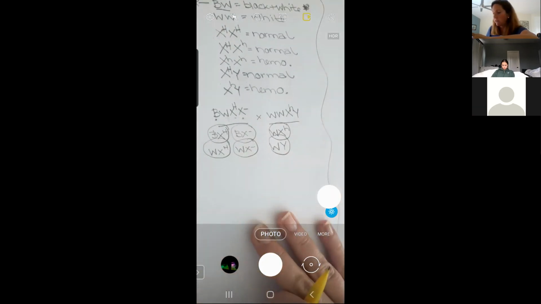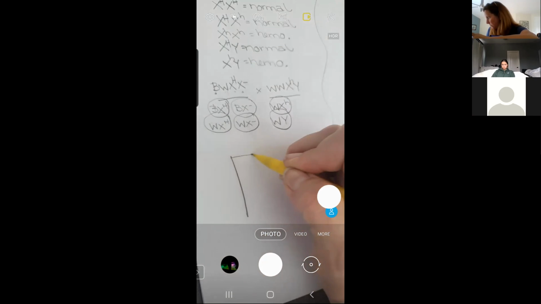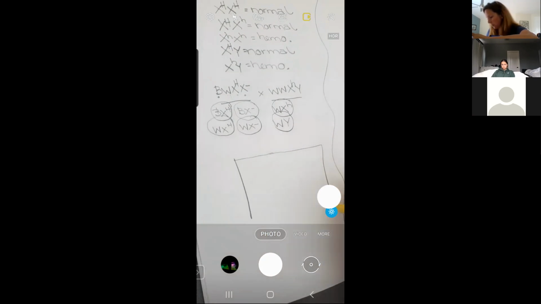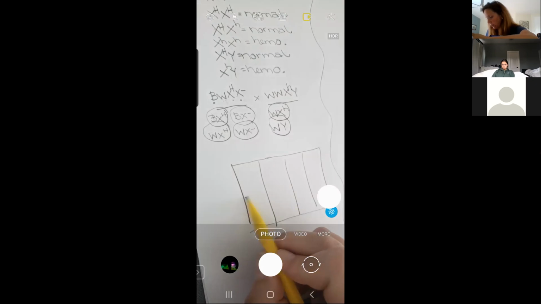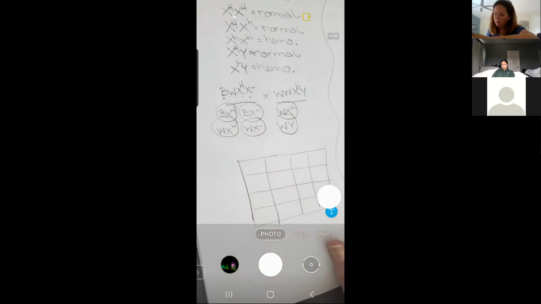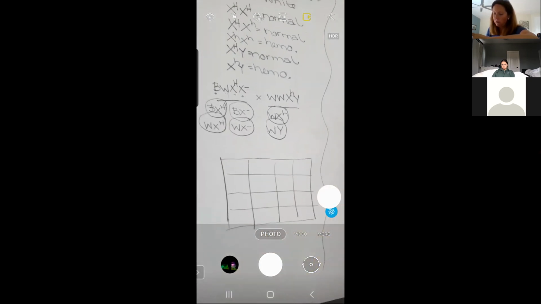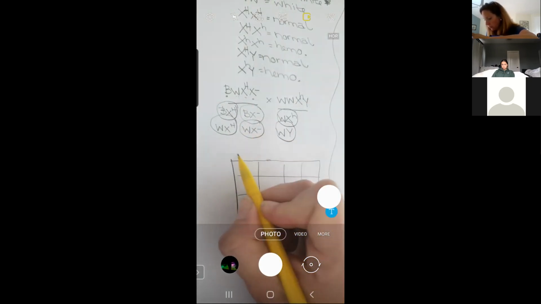So then we set up a 16-box Punnett square, super fun. I'll try and squeeze all 16 boxes on the screen here and legible. We'll see how that goes. Okay, so I'm going to go ahead and put the female's genes across the top.